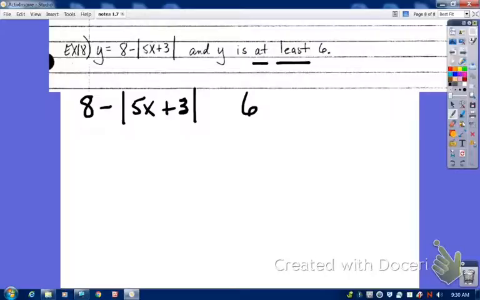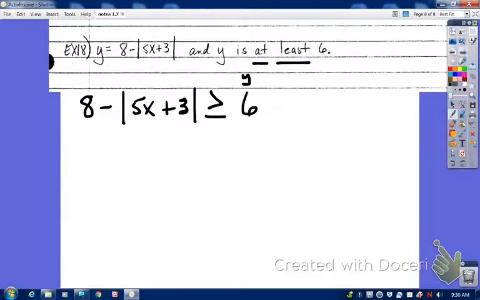So it says y is at least 6. Somebody said greater than, somebody said less than. So let's just stick it in. It is an equal to, right? So let's pretend that this is y over here.